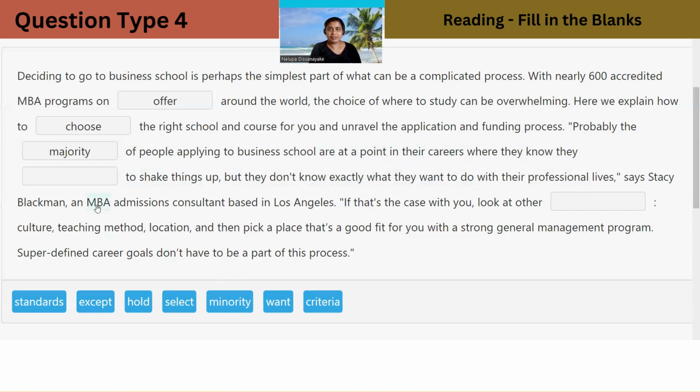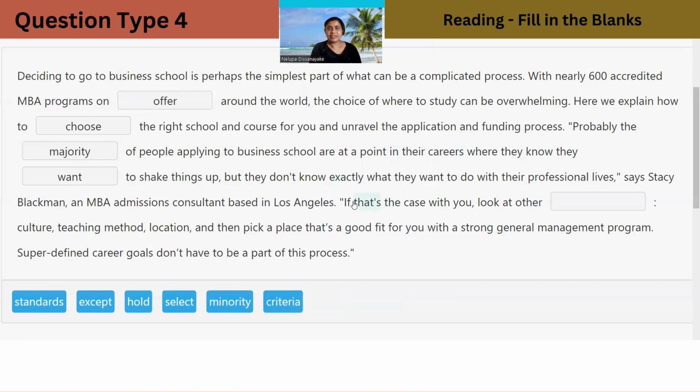Let's see what can be the answer. They know they standards to shake things up, that doesn't match. Except to shake things up, except doesn't match here. Hold, select to shake things up, minority to shake things up, they want. Here the best answer should be the word want.